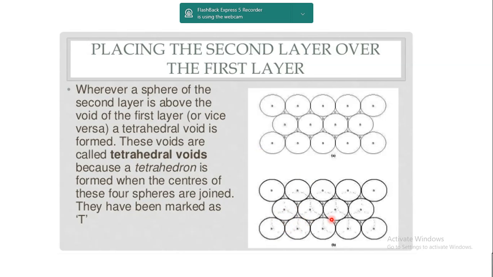So in these voids I am placing the layers. These voids are called tetrahedral voids because a tetrahedron is formed when a void is surrounded by 4 atoms or 4 spheres. So they have been marked as T here. I will show it later.